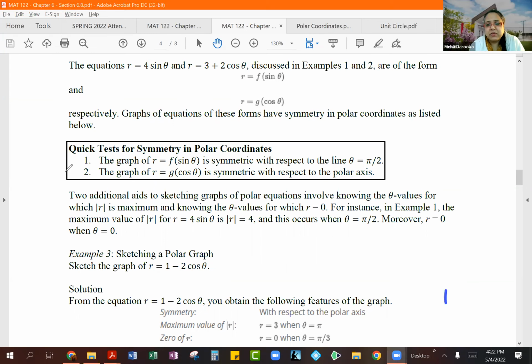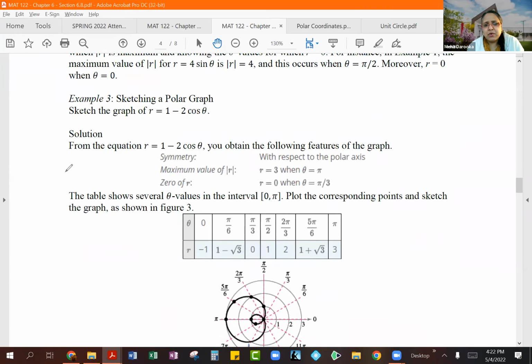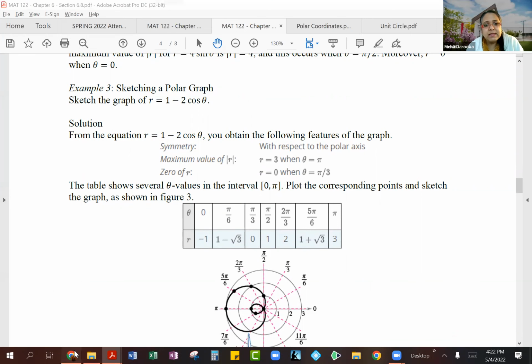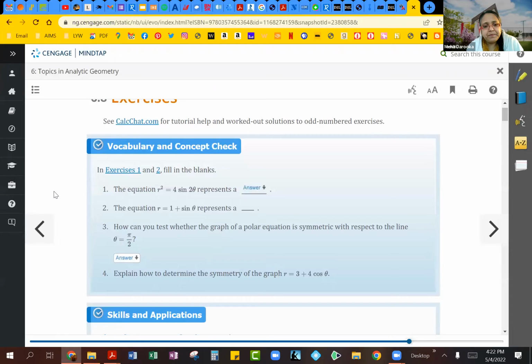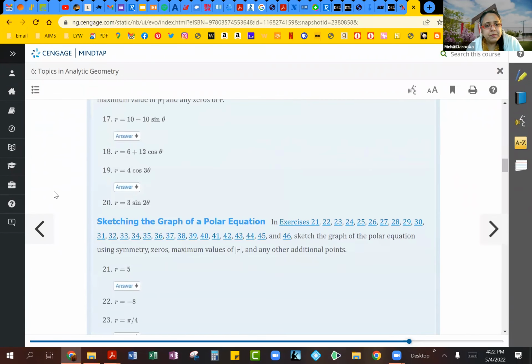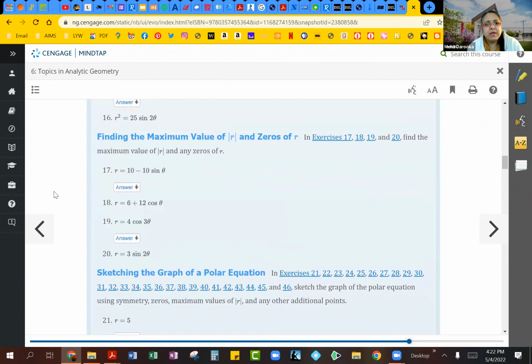Now let's look into the other properties where you can have a maximum value for R. So I picked an example here for us to work on. Let's look at number 20 here.